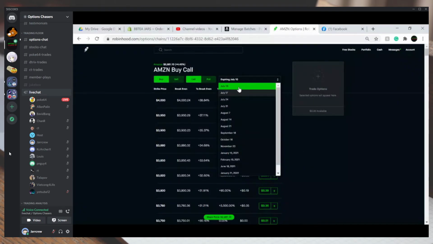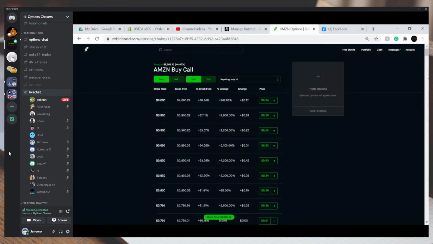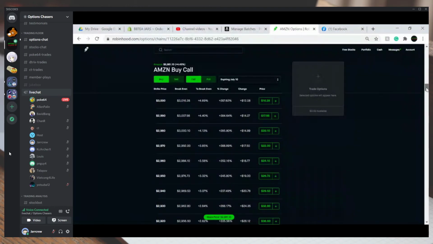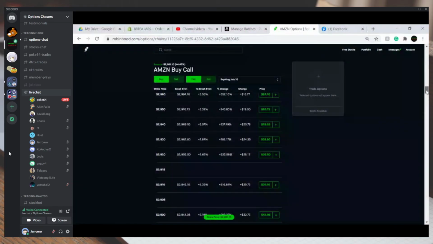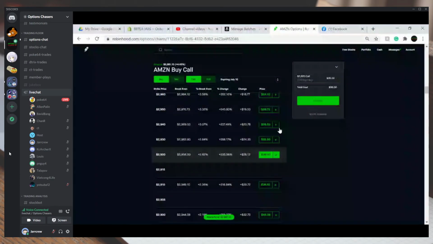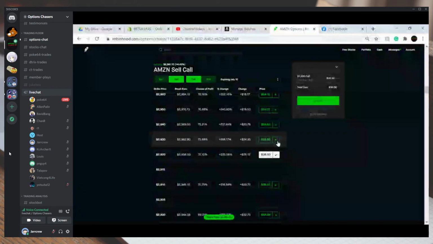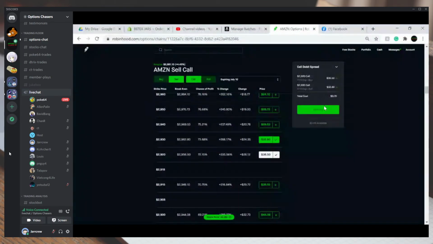So let's say you want to buy contracts for Amazon, but closer into the money. You can purchase a spread. You can get a debit spread, which is one of these. This is the amount you pay. But the cool part is that's the most limited risk you can have.